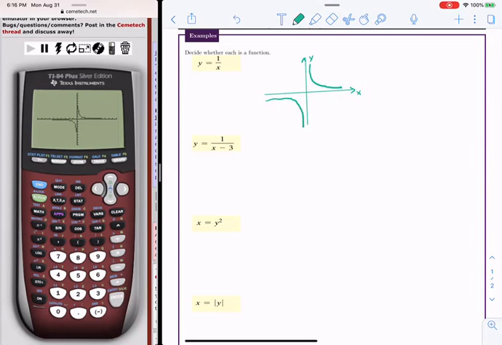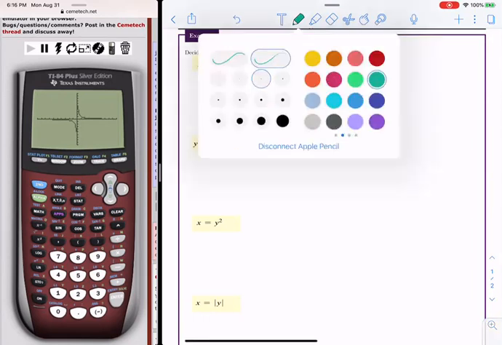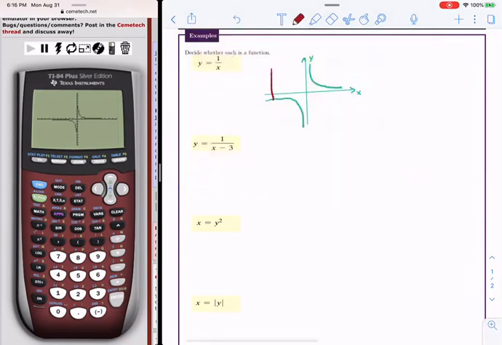Now, if I drew a vertical line through this particular curve, no matter where I draw that vertical line, it may be here, or there, or there, in the entire domain of the function, you can see that the vertical line touches the curve exactly at one point.